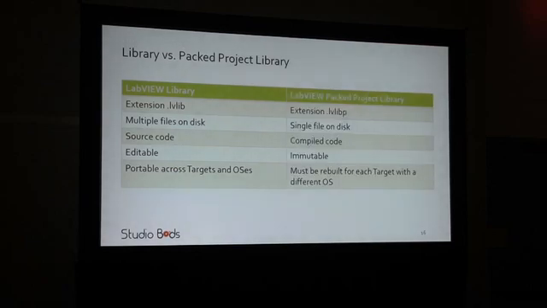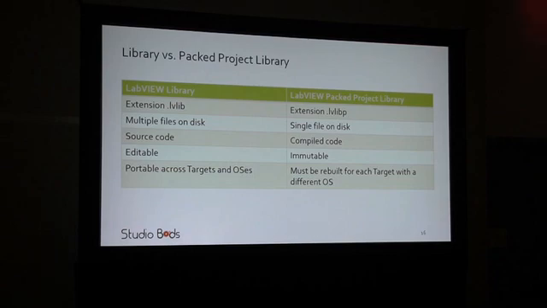This is source code, so it can be edited and it can be portable across targets and operating systems. The packed project library, you add a P to the extension, .lvlibp. It's one file on disk. It's compiled code, you cannot change it, it's immutable. And so you must rebuild it for each target with a different operating system. And I assume also per version of LabVIEW, correct? Not starting at 2017.